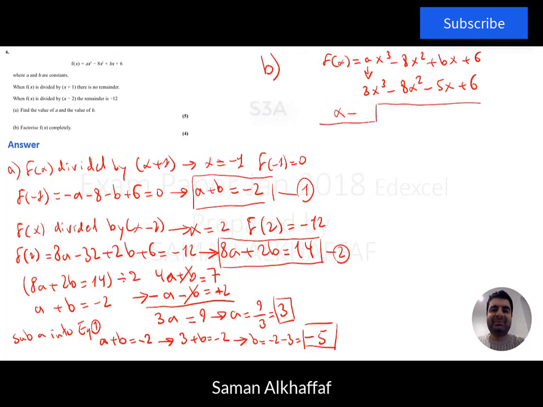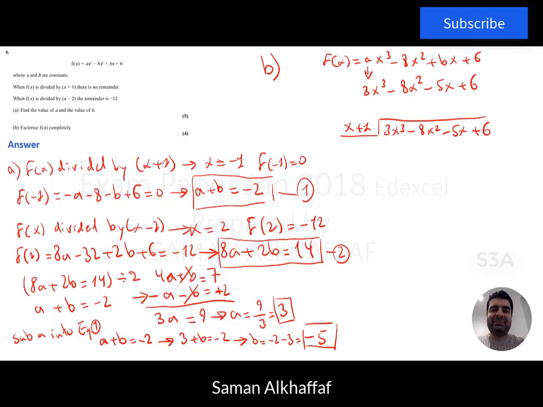We divide by x plus 1. So x plus 1, and we have 3x cubed minus 8x squared minus 5x plus 6.